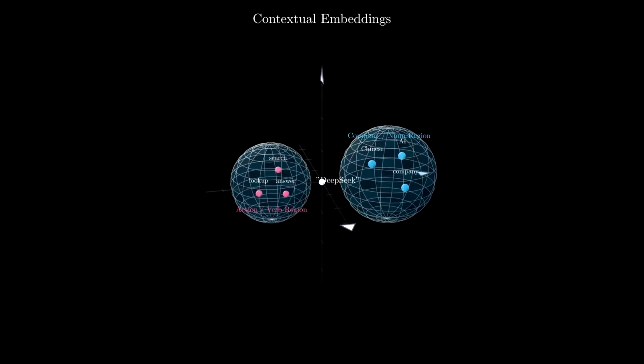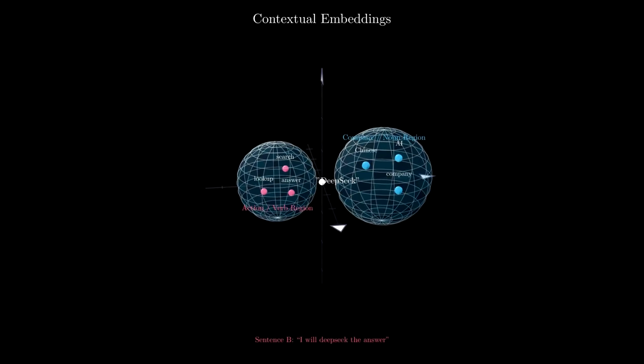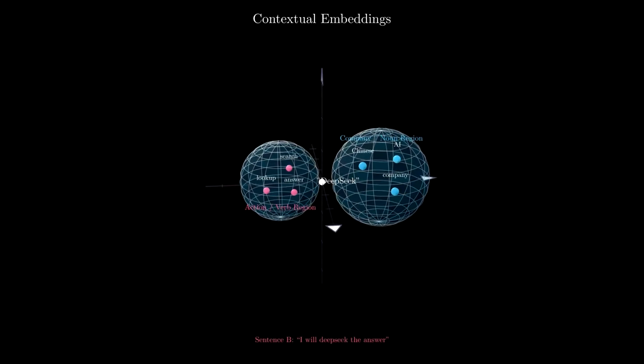In sentence B, the exact same starting vector gets pulled into the action verb cluster by layer 32.